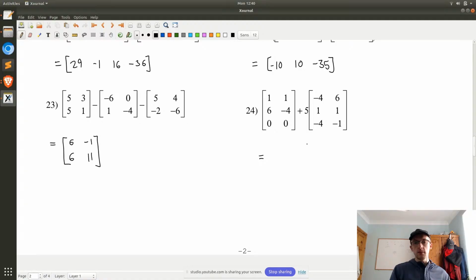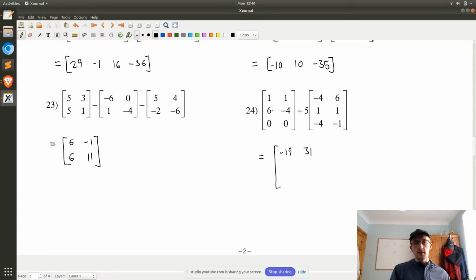And here, finally, we have a 3 by 2 matrix plus another 3 by 2 matrix, but this one is scalar multiplied by 5. So we're going to do it all in one go. We're going to do 1 add 5 times -4. So that'd be 1 take 20, which is -19. Then 1 add 5 times 6, which is 31.